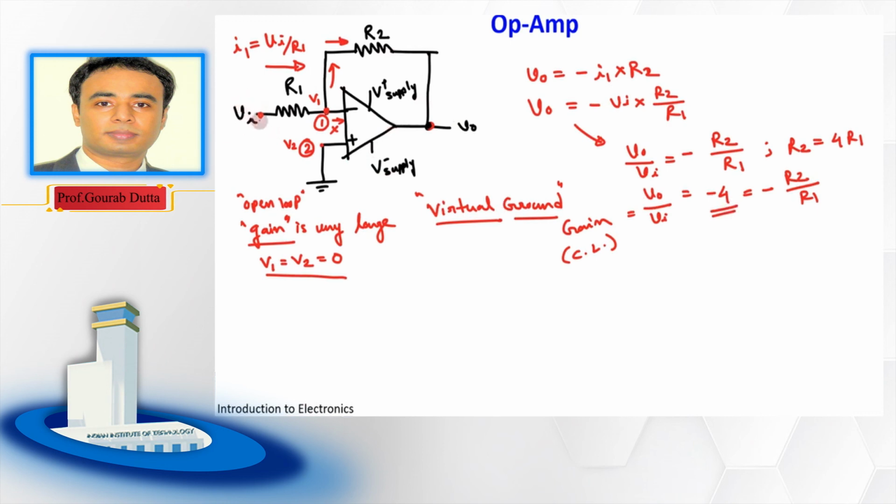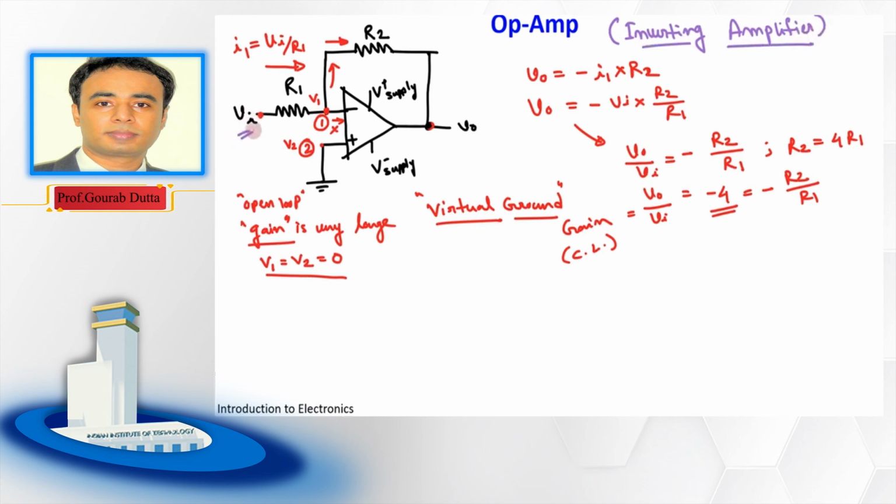The input may be a signal or it may be a DC voltage, anything is fine. As it has been applied here at the inverting terminal, this type of amplifier is called the inverting amplifier. Is it clear why it is called inverting amplifier?